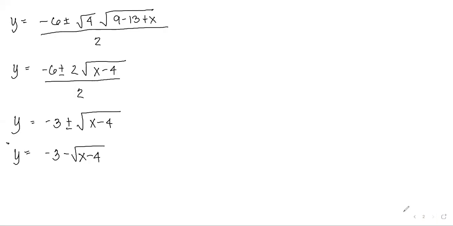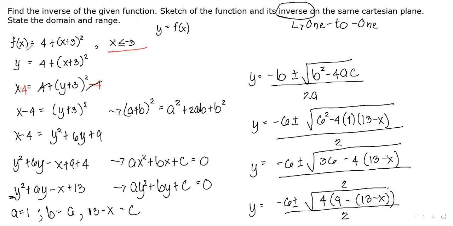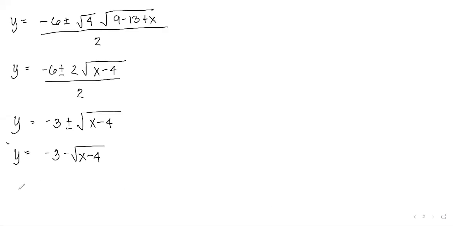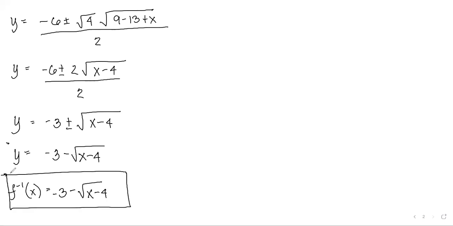Pero, to denote na inverse talaga siya, yung y, palitan natin ng, since f of x yan, f inverse of x. F inverse of x is negative 3 minus square root of x minus 4. So, ito yung inverse niya. Okay? And then, to solve for the domain and range, yung domain, madali lang eh.